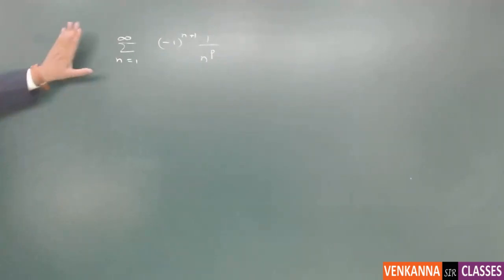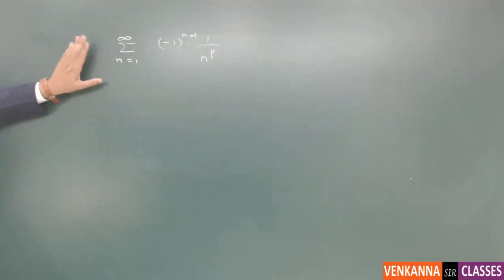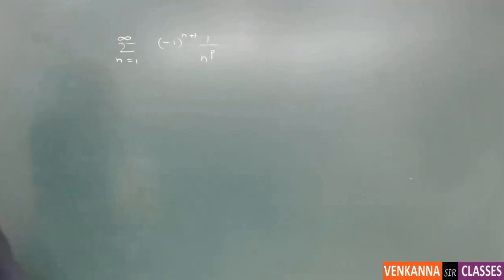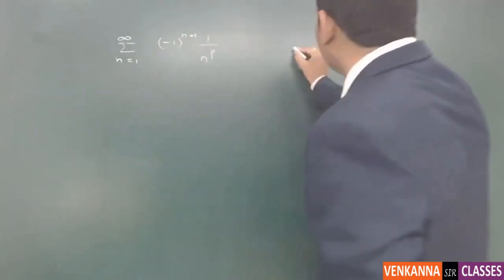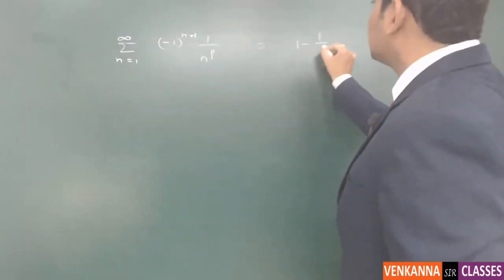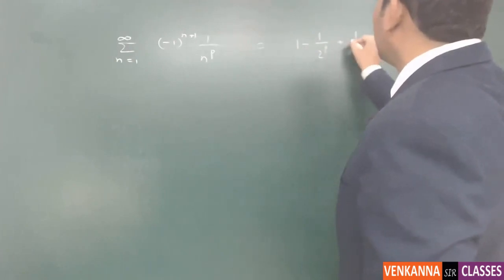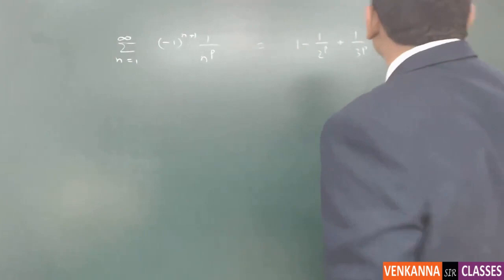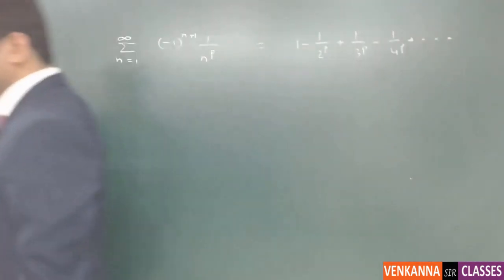So first of all, I am taking the problems only on alternating series, not for the absolute convergence. So what is the series given here? If you have written this, it will be 1 minus 1 by 2 power p plus 1 by 3 power p minus 1 by 4 power p plus so on. This is our given series.